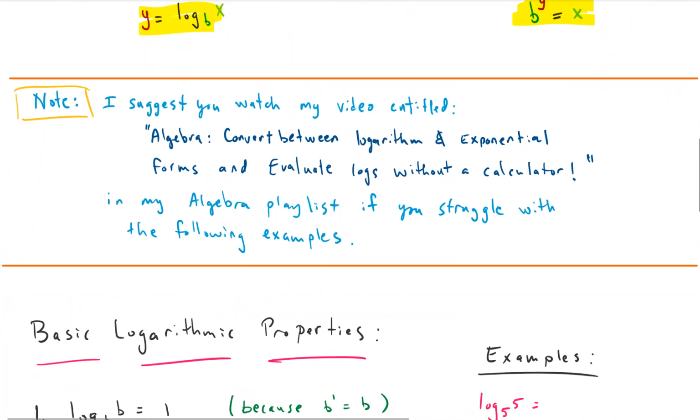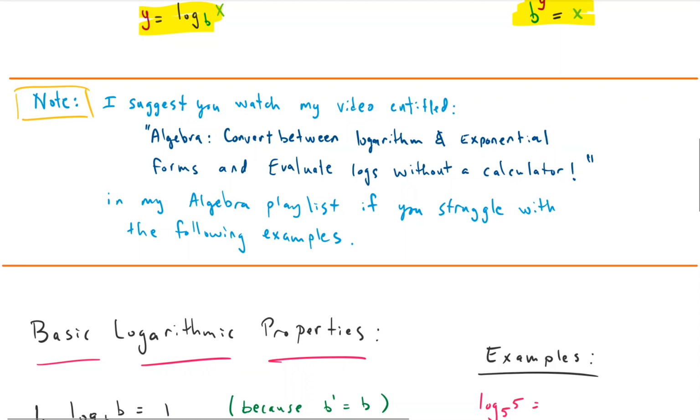All right. Here's a note before I keep going. If you struggle with the following examples, because I'm going to evaluate logs without using a calculator, and you think, where in the world is he getting these? I don't understand how he's computing these.